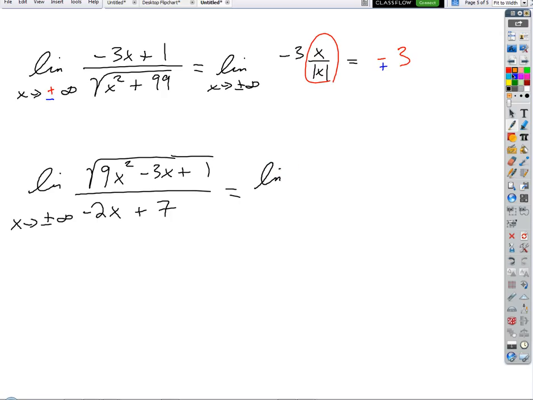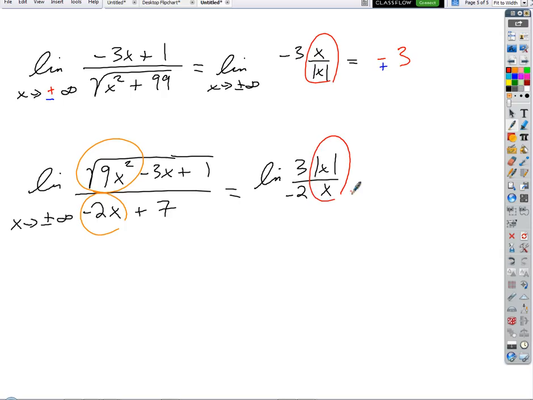So I'm just looking at these terms, right? That term and that term. What's the top one simplified to? 3. That's the value of x. Over negative, right? There's my sign extractor.